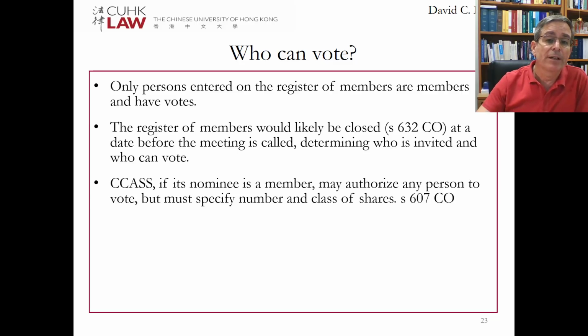If you're trading on the stock exchange, your shares may be registered in the name of the Central Clearing and Settlement Service, CCASS, and so CCASS would be the real member of the company, and CCASS would have to arrange to give you a proxy to vote if you wanted to vote.